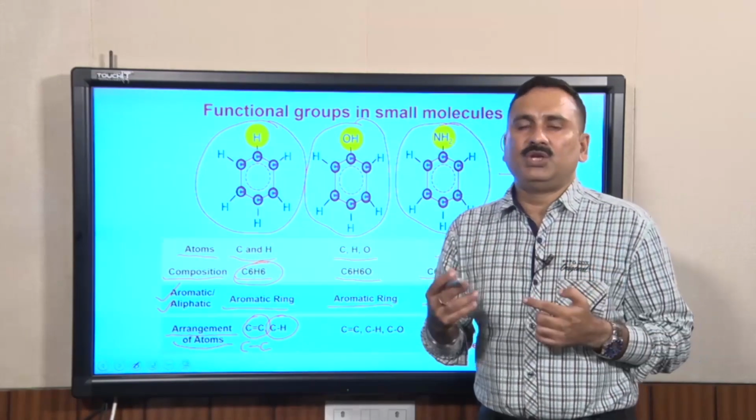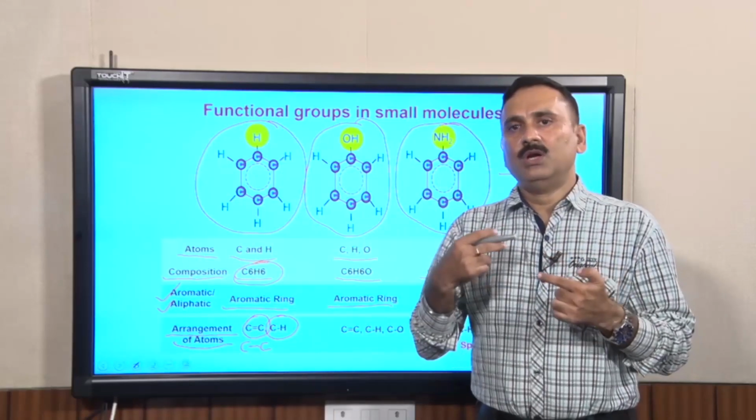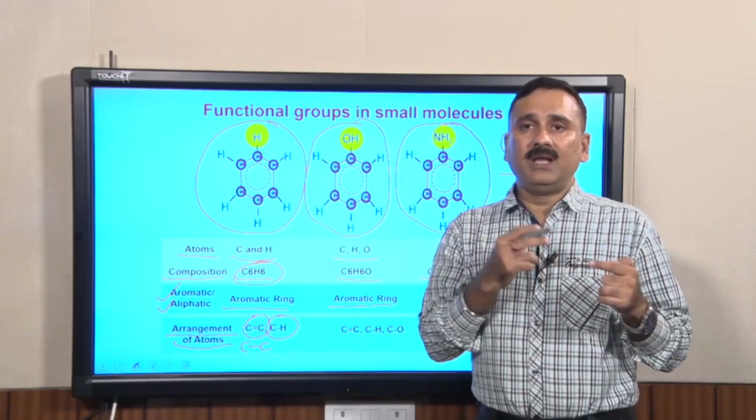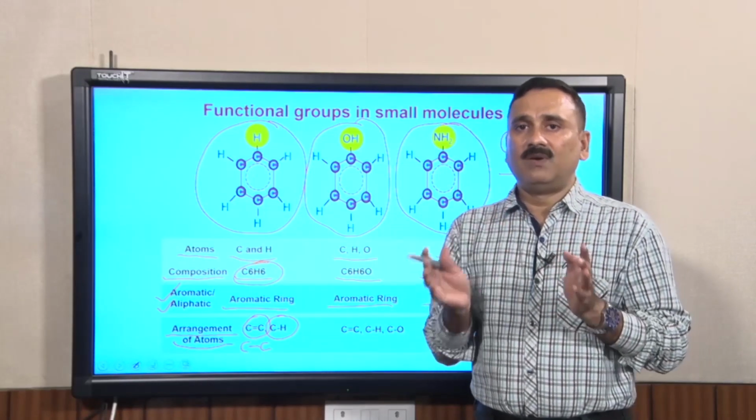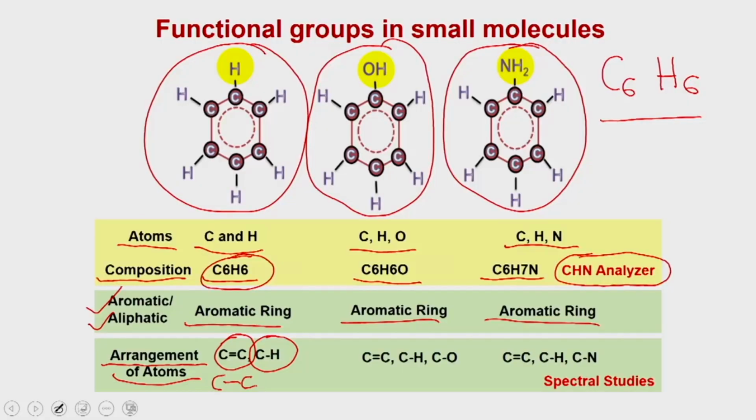If you have this information, that will allow you to identify the compound as well as determine the presence of the functional groups. For example, in the case of benzene, you have the carbon double bond and the carbon single H, whereas in the case of phenol, you have the carbon double bond, then the carbon to hydrogen bond as well as the carbon to oxygen bond, and in addition to that you may also get a band for the carbon-carbon single bond.